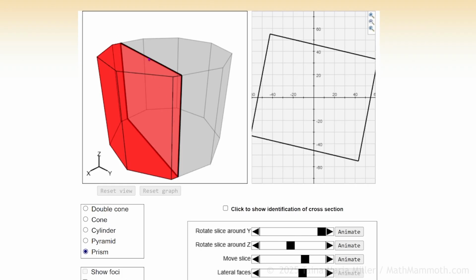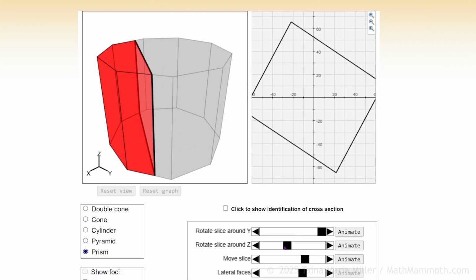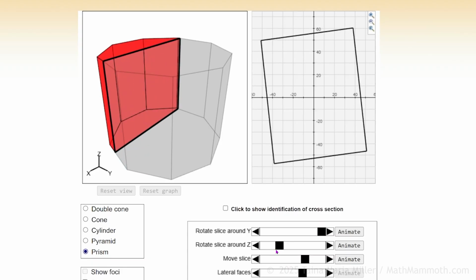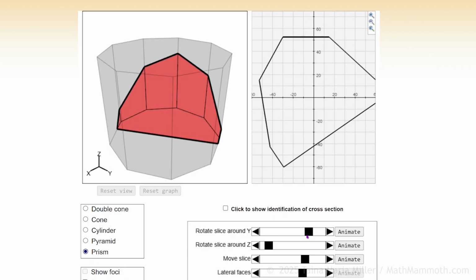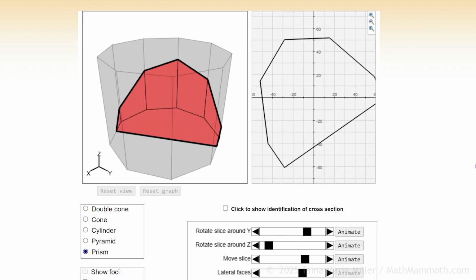Here you can see again, the cross section is actually a rectangle. Here's an interesting shape. What is it? You count the corners, it's a 7-sided shape or polygon, so then it is a heptagon.